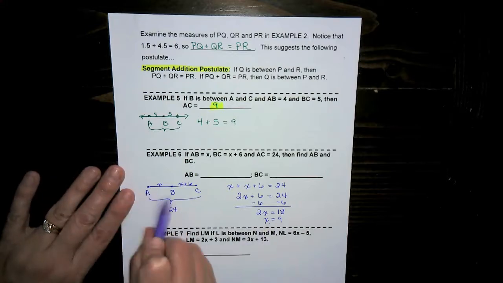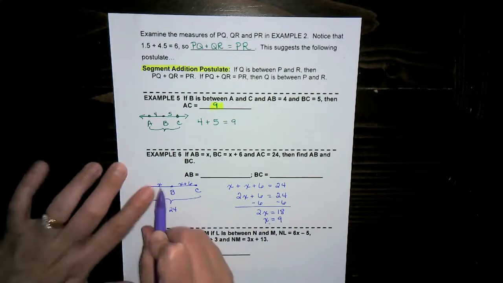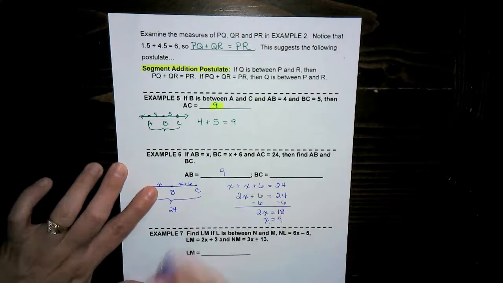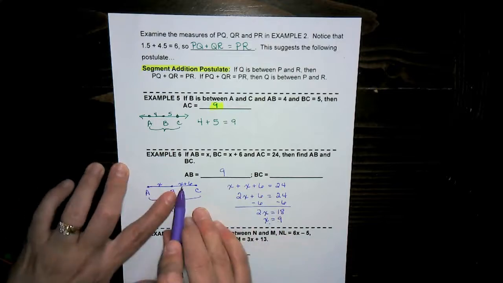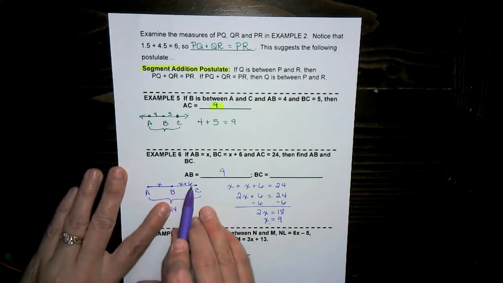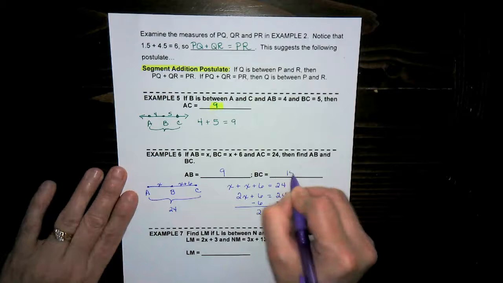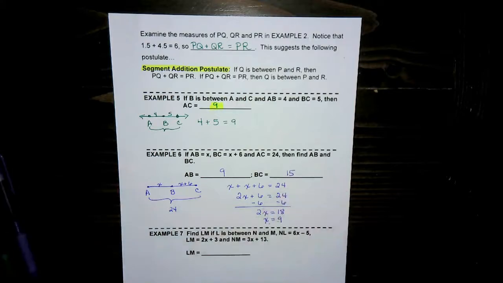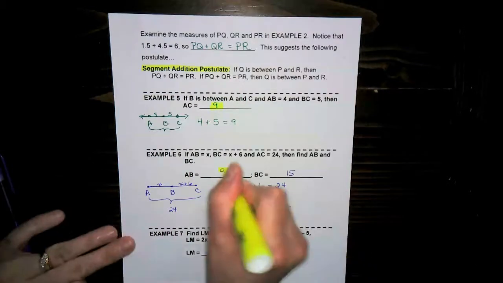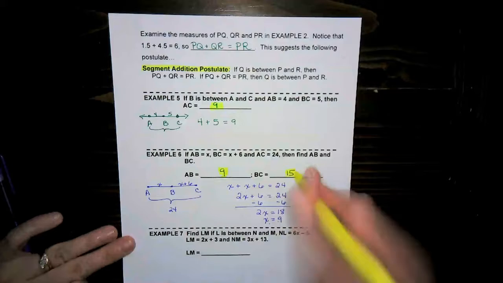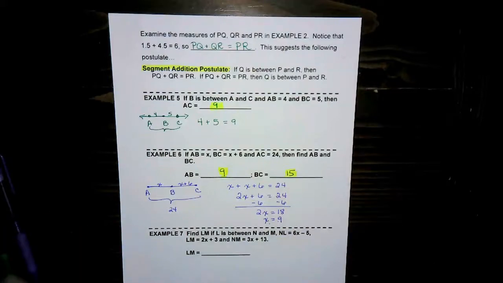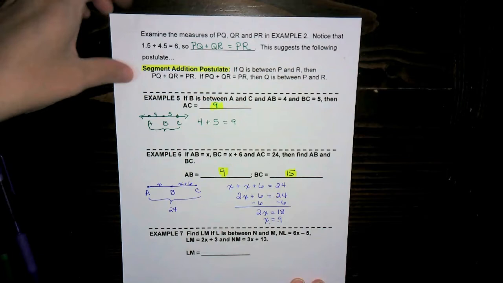Well, it's x, so that's AB. AB is x, that's 9. And if x is 9, then BC is 9 plus 6, which would be 15. So the segment addition postulate here lets me write the equation to then solve for the pieces that I don't know. Let's do one more here.